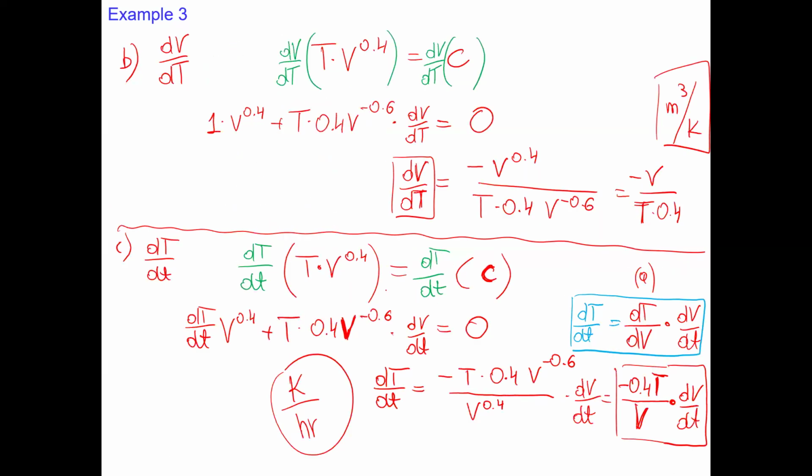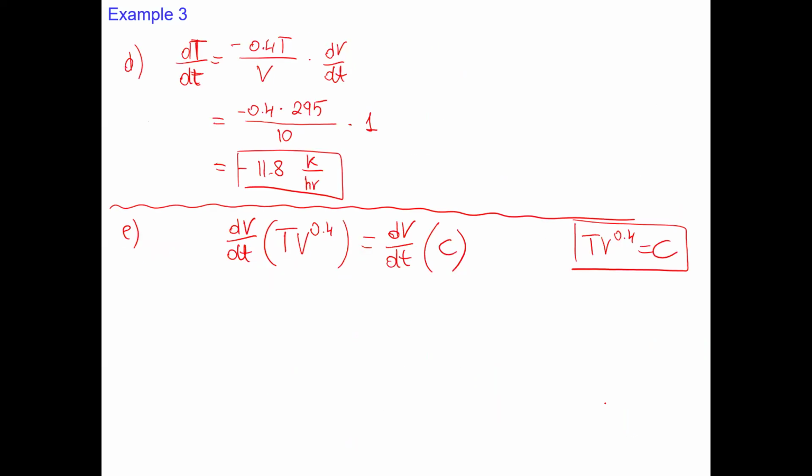I could take this equation right away, but let's do it from scratch. Then you will practice. The derivative of temperature will be dT times V to the 0.4, plus temperature times the derivative of the volume, V to the power of 0.4 will be 0.4 V to the negative 0.6 times dV/dt, and the constant.